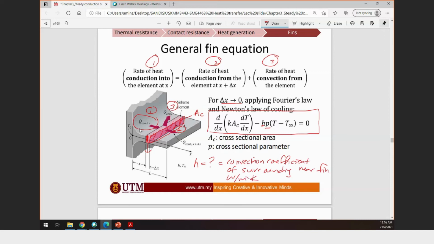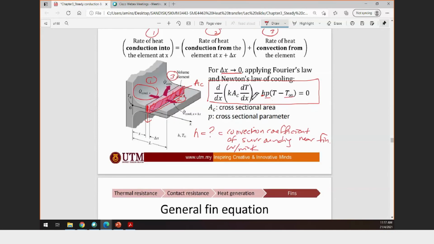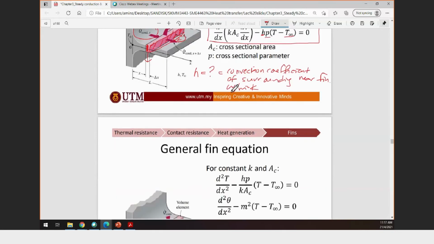T is temperature. What is T infinity? T infinity is the T surrounding. So this is the general equation that you might need to use in order to derive the final equation for the fin analysis, because we consider the effect of conduction and convection.